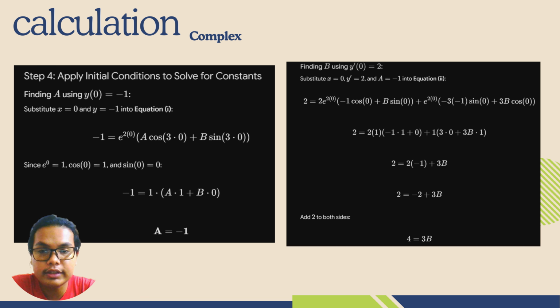like we got before, into the second equation, which is 2 equals 2 e to the power of 2 times 0 times -1 cos 0 plus b sin 0, plus e to the power of 2 times -3 times -1 sin 0 plus 3b cos 0, which after we calculate we will get 2 equals -2 plus 3b, and then we will add the number 2 to both sides.